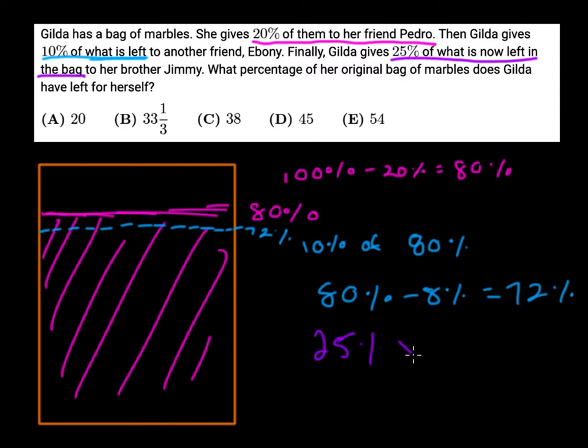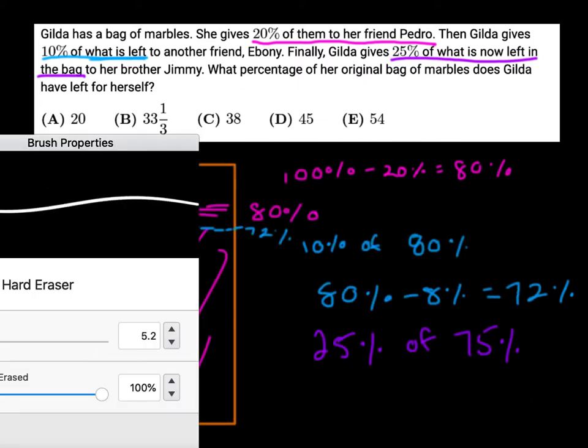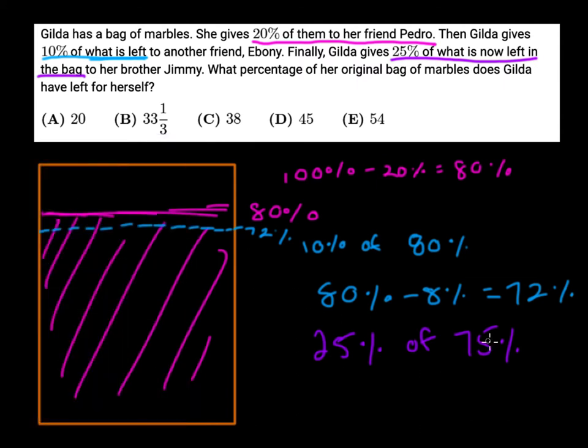The way I like to see the number 25% is as 1/4 in this case, because it'll be a little easier to work with. Oops, sorry, my mistake here. Not 75%, 72%.